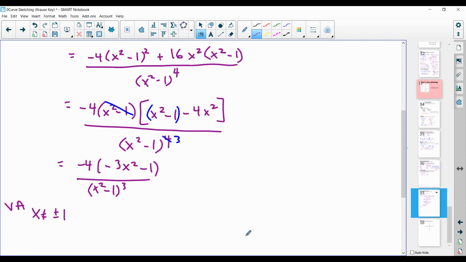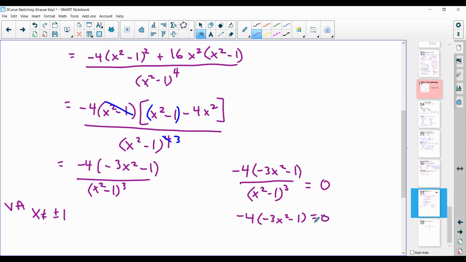And we're going to set our second derivative equal to 0 to find our other critical points. So we've got -4 times -3x squared minus 1 all over x squared minus 1 cubed equaling 0. Again, I'm multiplying that up because we've already dealt with the denominator. So we're going to have -4 times -3x squared minus 1 equals 0. Dividing by -4 gives us 0, so -3x squared minus 1 equals 0.